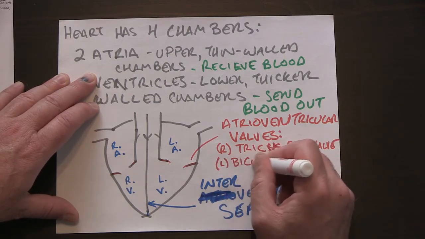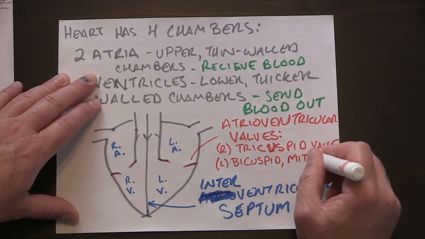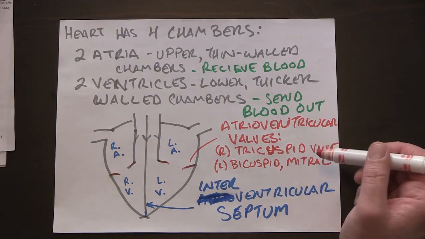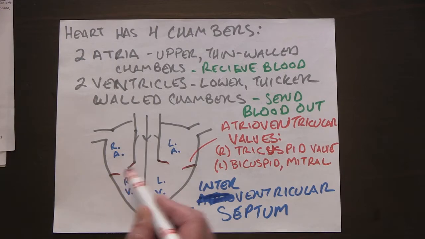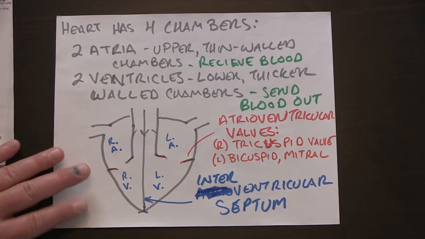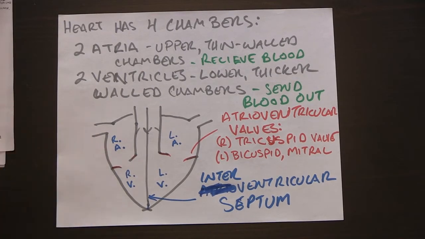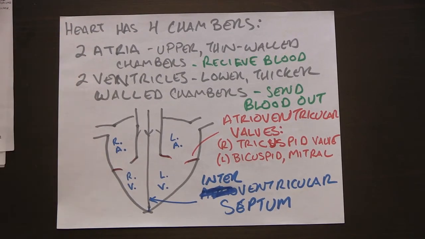It's known as the bicuspid, or the mitral, or you can call it the left atrioventricular valve. You can call the right one the right atrioventricular valve or the tricuspid valve. As usual, take your pick, but if I refer to something as the tricuspid valve and you don't know what tricuspid means, then you're in a situation, okay?